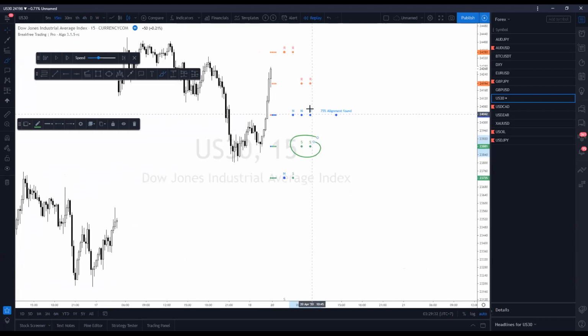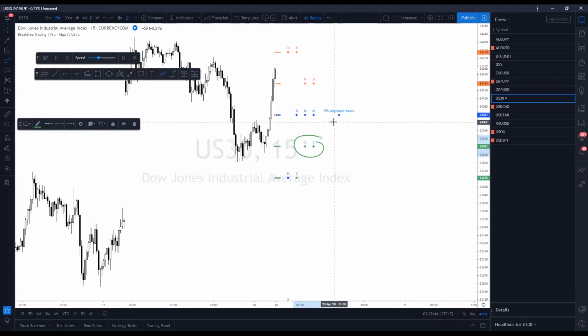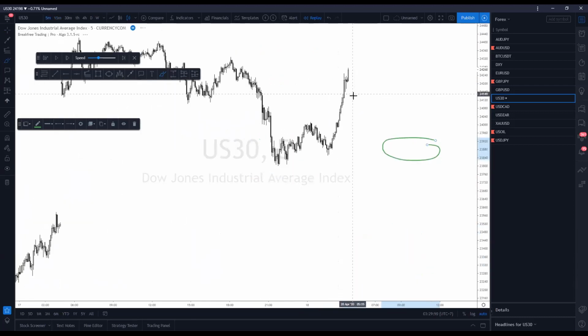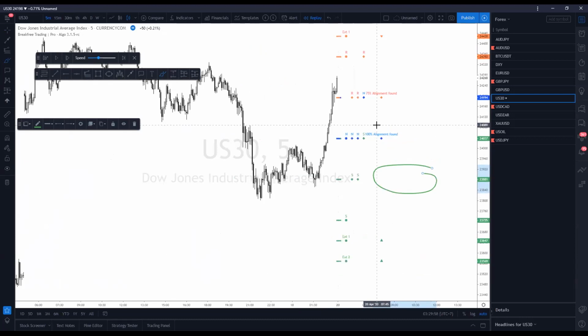So the more symbols you have filled, the stronger the zone, right? And the best zones are the ones that have 75% alignment, 100% alignment, etc. So if I go into the 5-minute, it's the same thing. This works on any time frame. You can trade this on any time frame you want. It's just a matter of knowing how to read them.